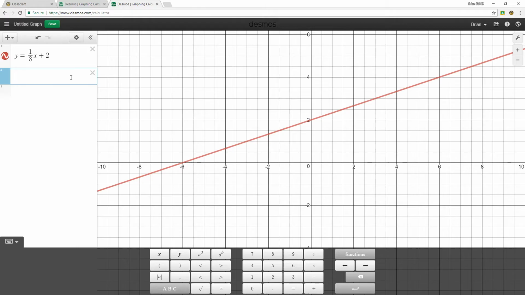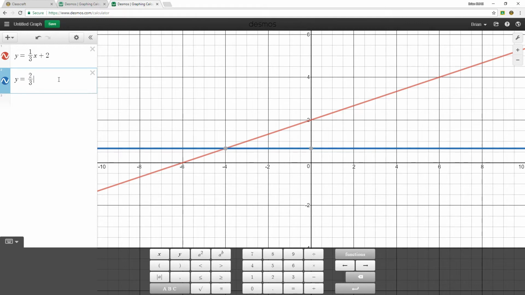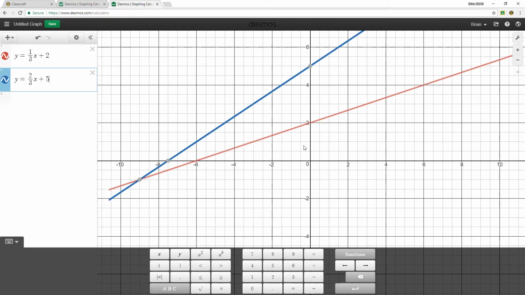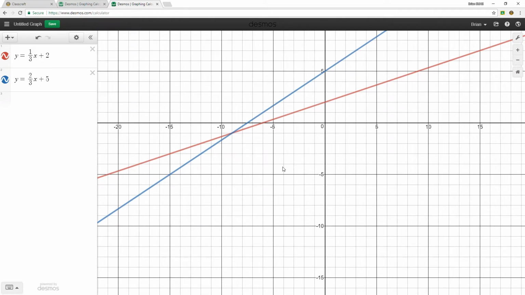Y equals 2 divided by 3 x plus 5. There we go. Notice Desmos graphs that. You can even click and it will give you the intersection between those, so I can see the solution. Also, in case you haven't noticed, Desmos can also give you your intercepts as well.